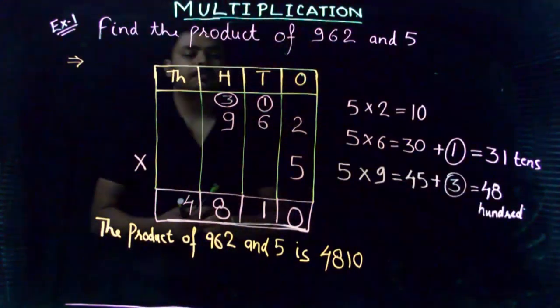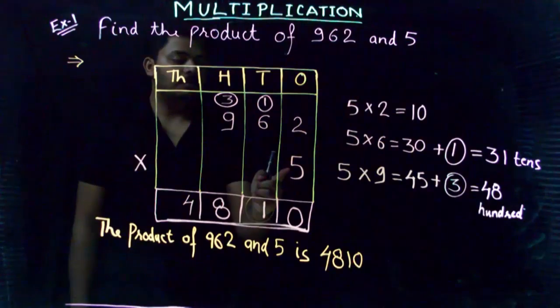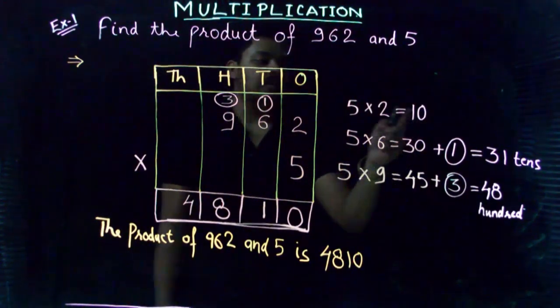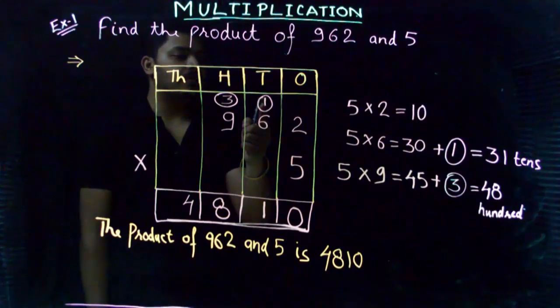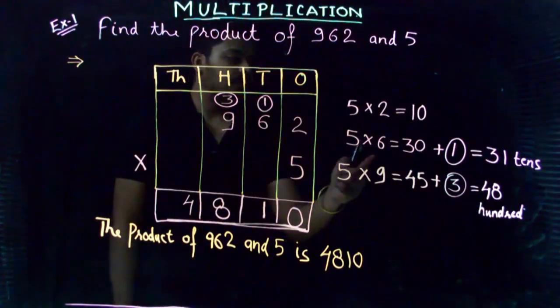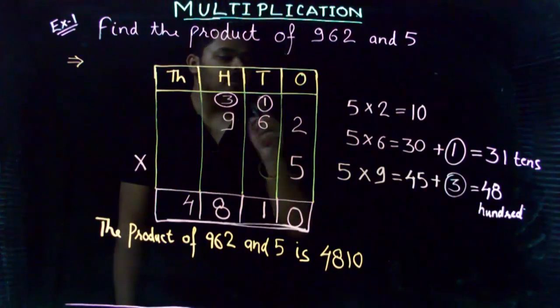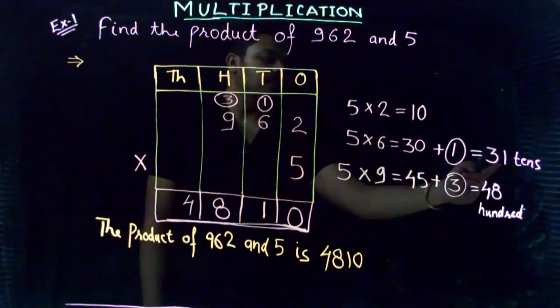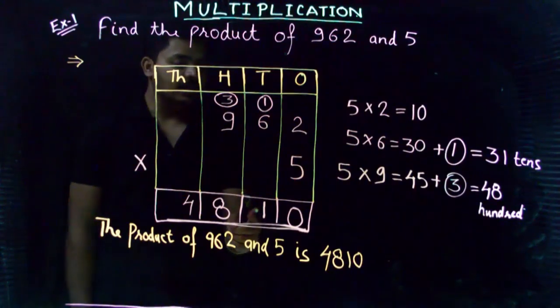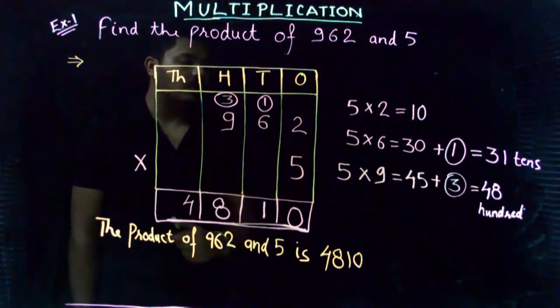First we multiply 5 with 2, we get 10, that is 0 ones and 1 tens, so 1 carries over to the tens column. Then again 5 multiplied by 6 equals 30 plus 1 carryover, that is 31 tens. So we place 1 and 3 is carried over to the hundreds column.